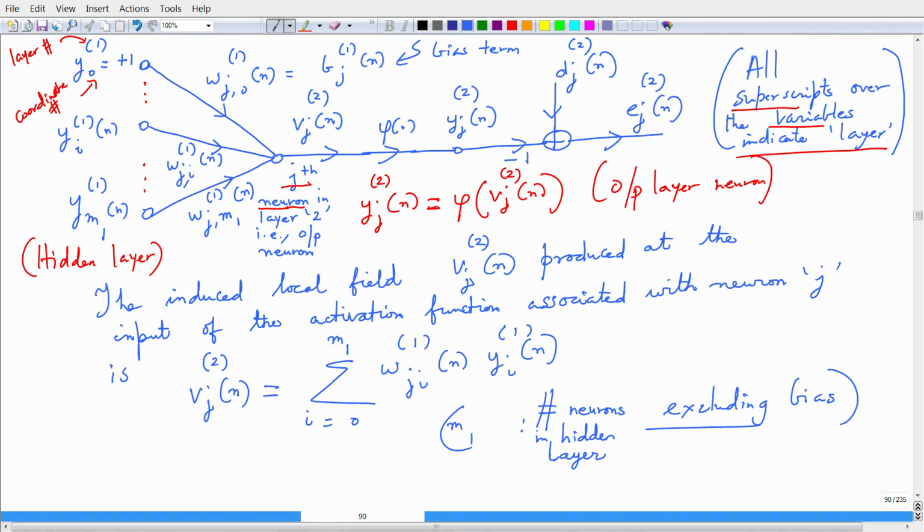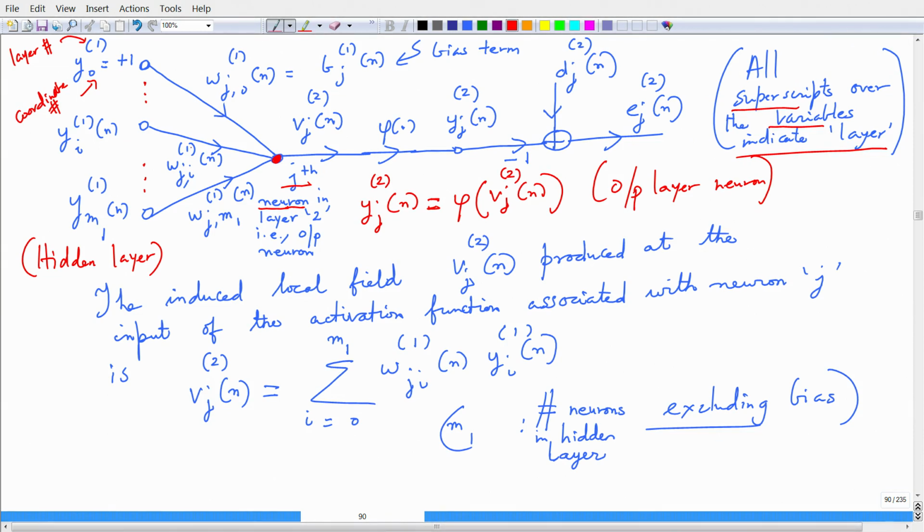Now this is the jth neuron. I will shade this in red to make this clear. This jth neuron is connected to the 0th node in the hidden layer by the weight wj0. Similarly, the jth neuron connecting with the ith functional signal is given by wj comma i.